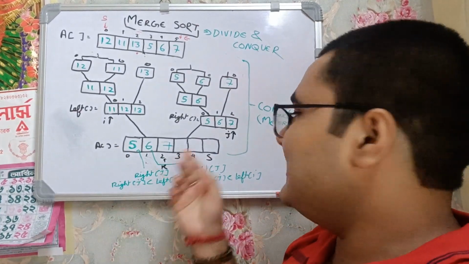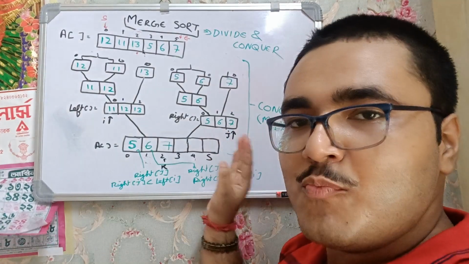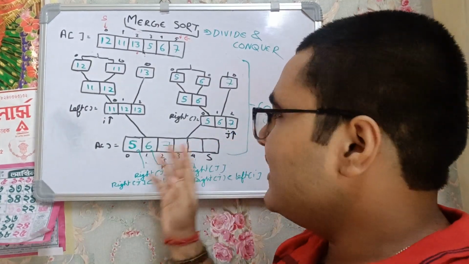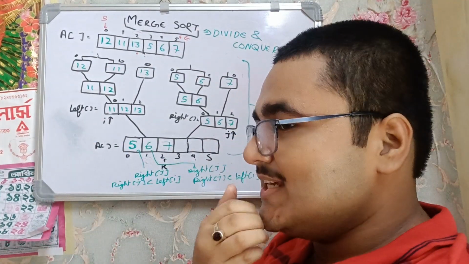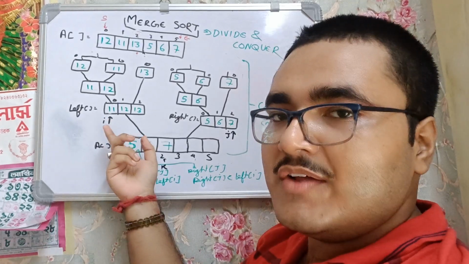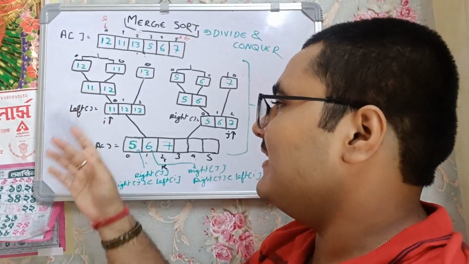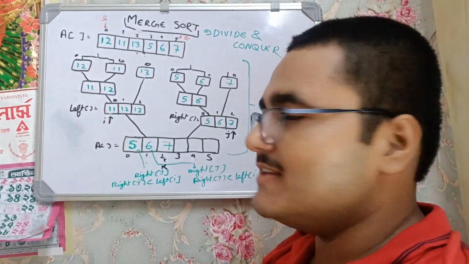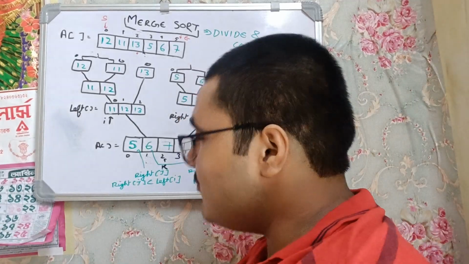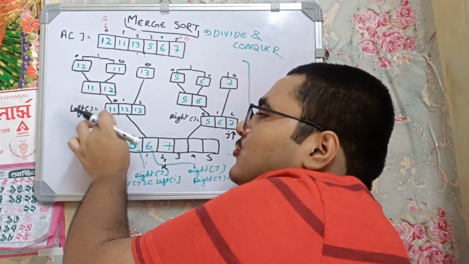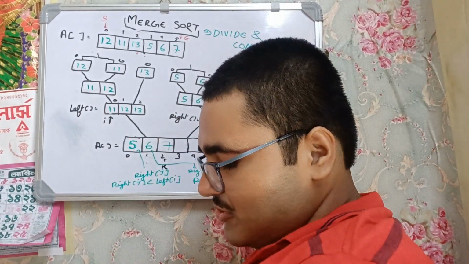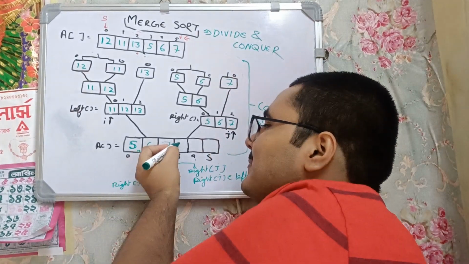Now this is an ending point where there is no more element in right of j, so we proceed to store the remaining elements of the left array. The remaining elements in the left array are at i, so i will move continuously to store. First 11 will come here.